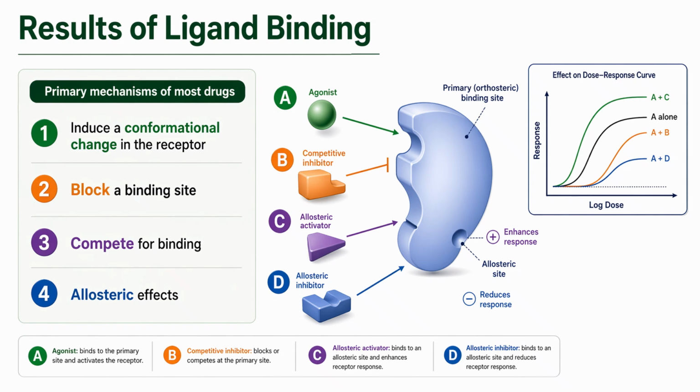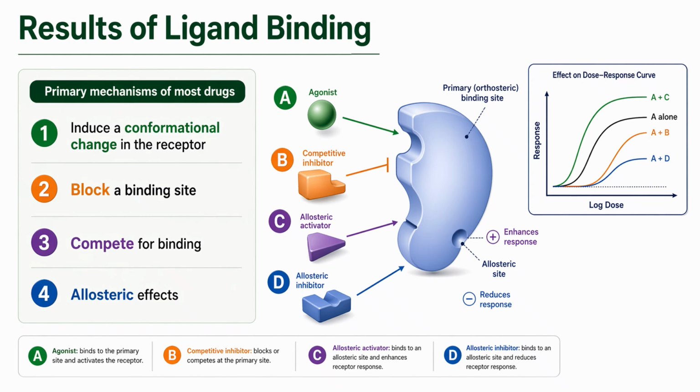So this gives the body and pharmacology a way to fine-tune the final effect. And so in this figure, you can see that there are agonist binding sites, competitive inhibitor binding sites, allosteric activator, and allosteric inhibitor. So remember, the allosteric component is going to alter the way that the main binding site interacts.